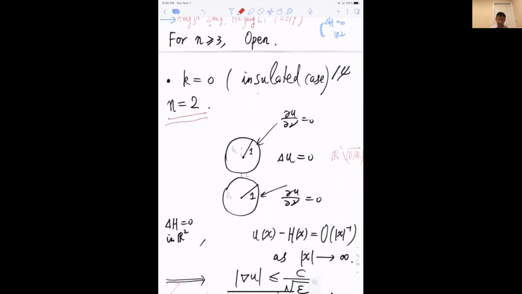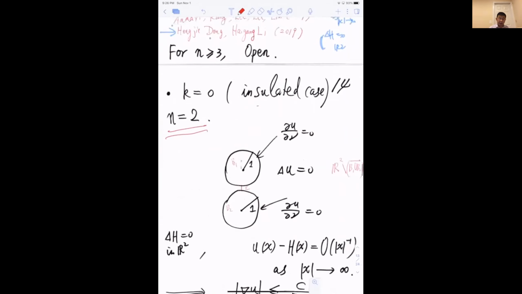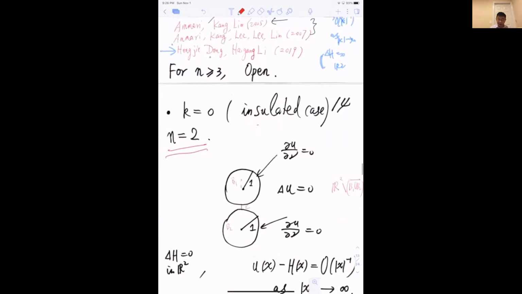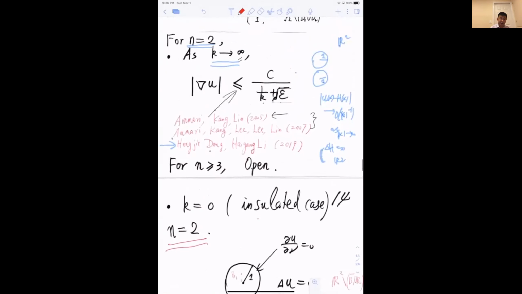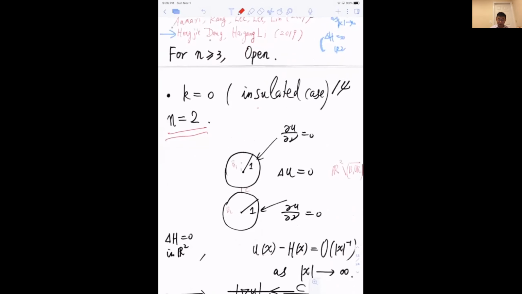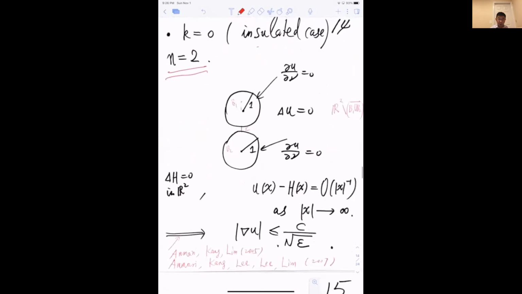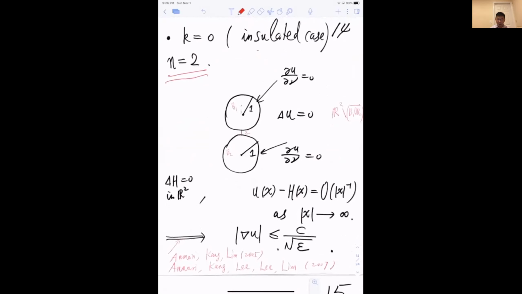Well, this case is kind of a dual problem if you set it up in R2, at least. So it's a dual problem to the k equal to infinity case. So actually the right rate should be c over root epsilon, by the work of Ammari, Kang, Lim, and Ammari, Kang, Lee, Lee, and Lim, 2007.